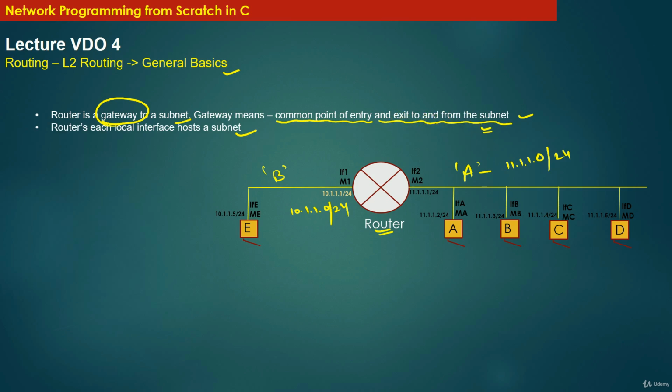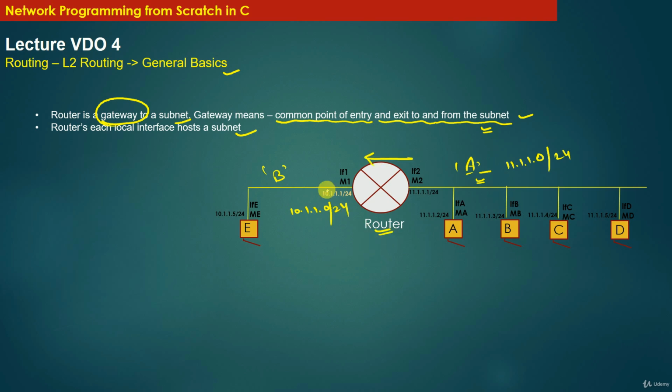Now this L3 router is a common point of entry and exit of traffic to and from this subnet. This means that any packet generated by any machine present in the subnet A, if that packet is destined to any machine which is outside the subnet A, then that particular packet has to pass through the layer 3 router.